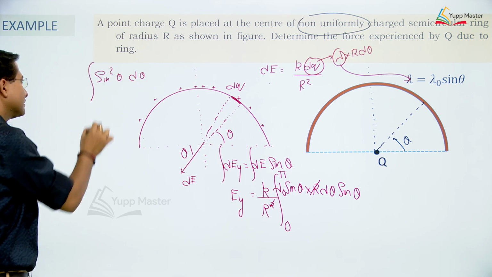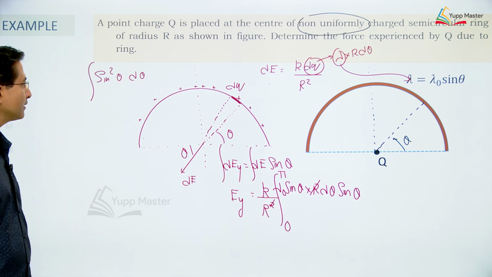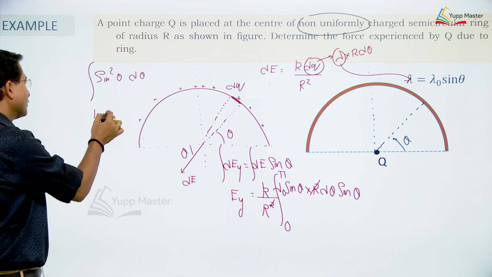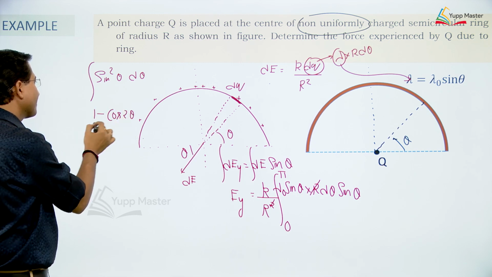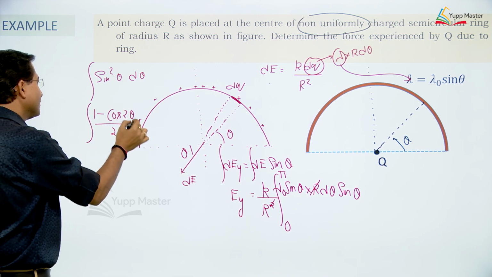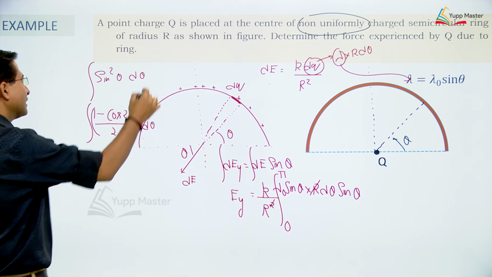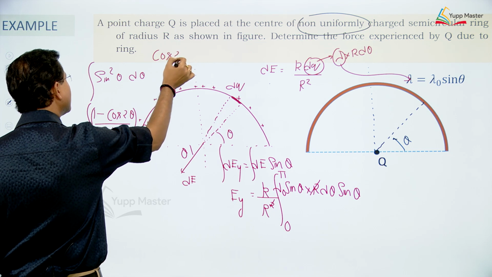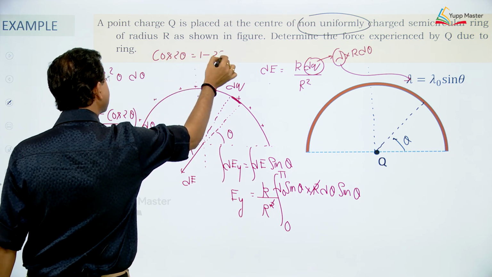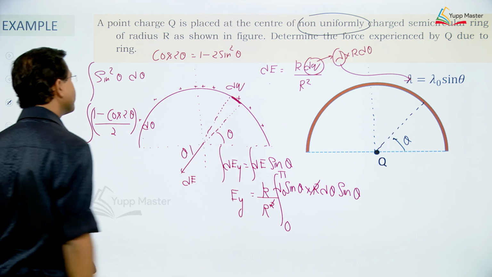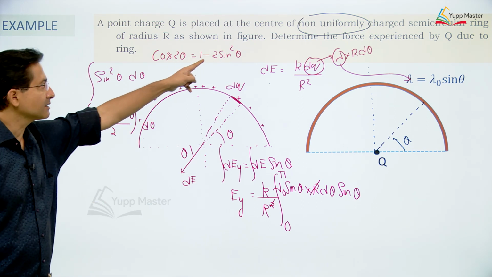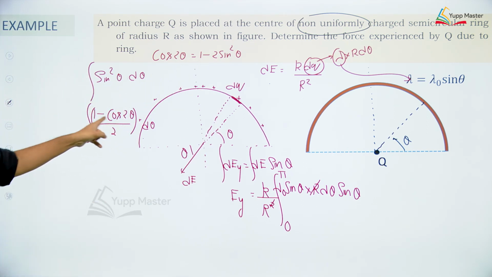This can be written as 1 minus cos 2 theta divided by 2, using the result cos 2 theta is equal to 1 minus 2 sin square theta. Using this result I can substitute the value of sin square theta here and integrate this one.